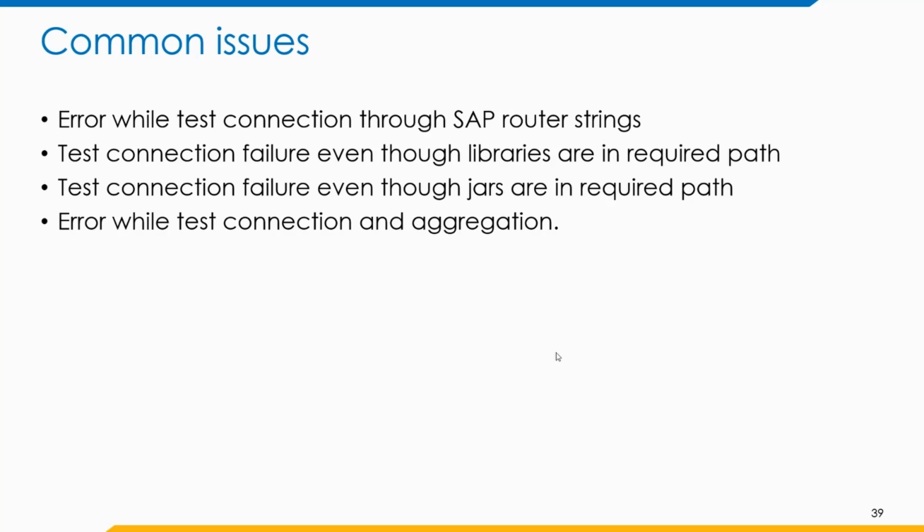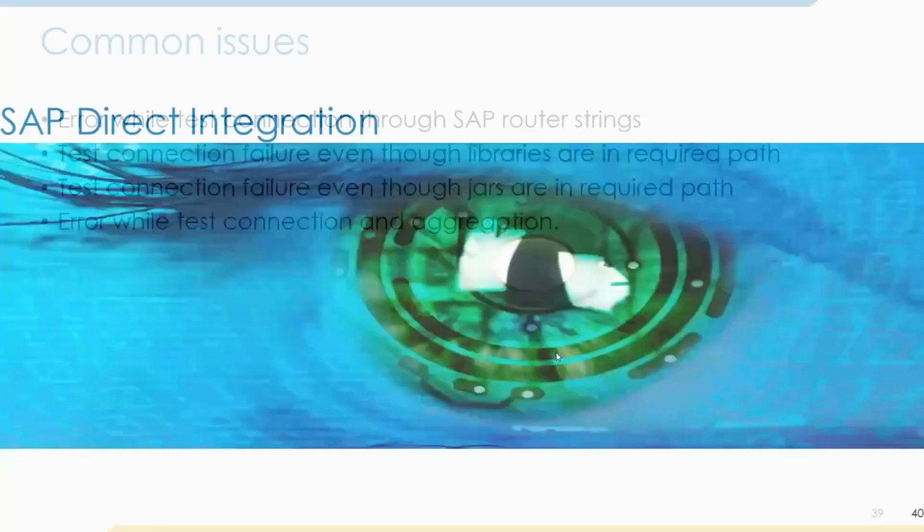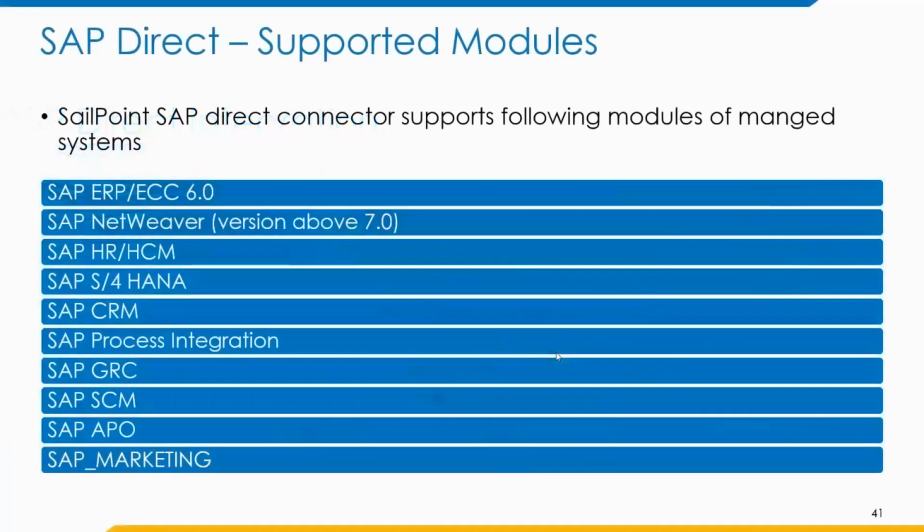So let us see about SAP Direct Integration. Coming to SAP Direct Integration, SailPoint IdentityNow supports the following modules for managed systems. That is SAP ECC. SAP NetWeaver is a system module that can be configured from SailPoint IdentityNow as well.